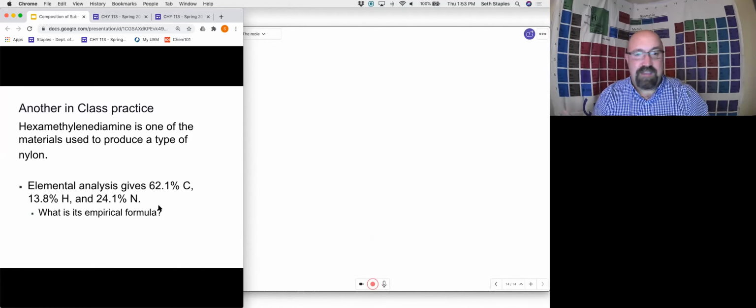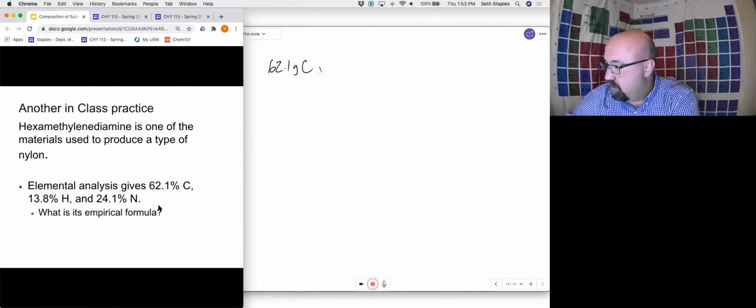We're going to do that the same way that we've been doing. We're going to take our 62.1, converting those to grams of carbon.